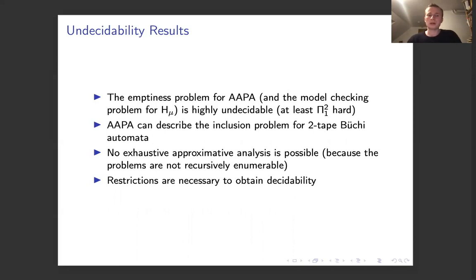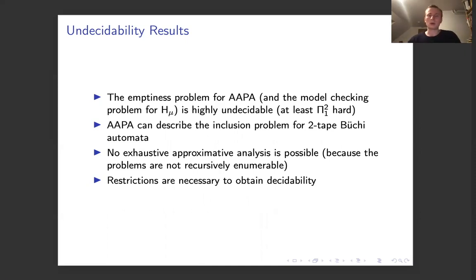And for AAPA and the emptiness problem, we can obtain this fact by reducing from the inclusion problem for two-tape Büchi automata. And in fact, this also presents one of the first applications of our correspondence theorem, because we can use this undecidability result for AAPA to obtain a similar undecidability result for the model checking problem of HMU.